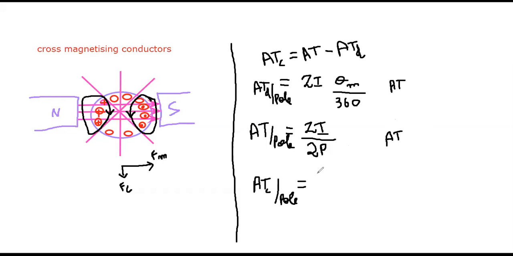So just substitute the equation such that Zi divided by 2p, where 2 stands for the conversion of conductors into turns and p stands for the number of poles, minus Zi divided by 360, minus Zi divided by 360, right, into theta m.